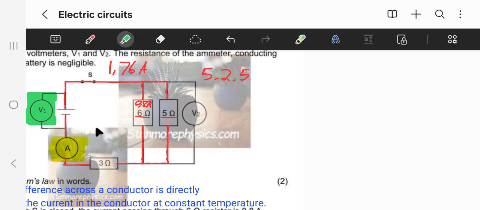So what we know at the moment about this circuit is that we have V2. Remember, we found V2, and V2 was 4.8 volts.